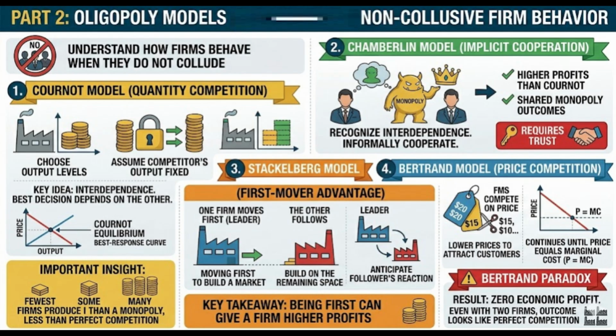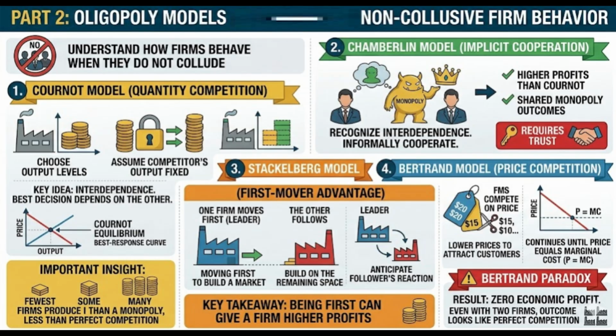Now let's move to oligopoly models, which help us understand how firms behave when they do not collude. Number one, Cournot model, that is also called quantity competition. In the Cournot model, firms compete by choosing output levels. Each firm assumes the competitor's output will not change.